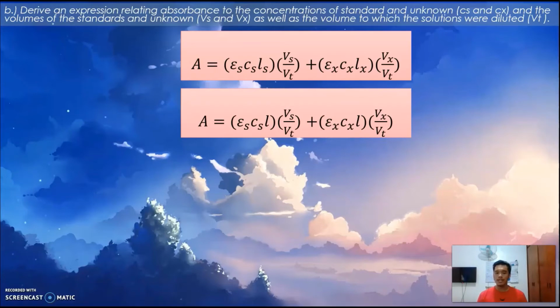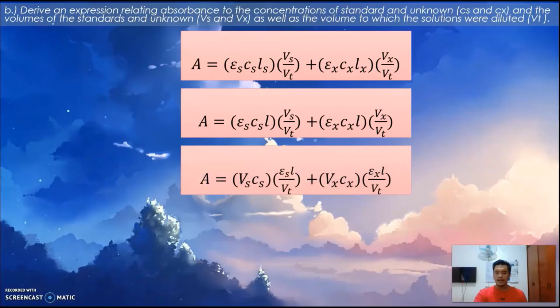We can just simply say L. We also identified that when we multiply the volume and the concentration, we get moles, because normally in chemistry, when you multiply volume and concentration, you get a value of moles. So let us factor in the molar absorptivity, epsilon S times the pathway over Vt, plus epsilon X times the pathway over Vt, in the respective areas.